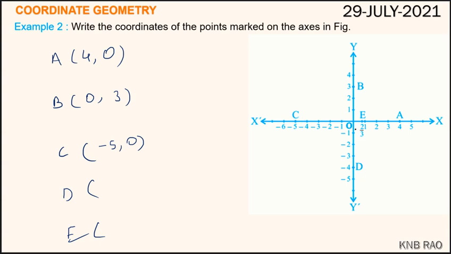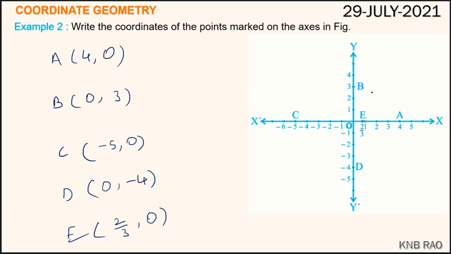D is lying on y axis in the OY dash direction, and since it is lying on y axis, its abscissa is 0, the y coordinate is minus 4. Whereas, when it comes to E, it is exactly at 2 by 3 on x axis, so therefore its ordinate is 0.